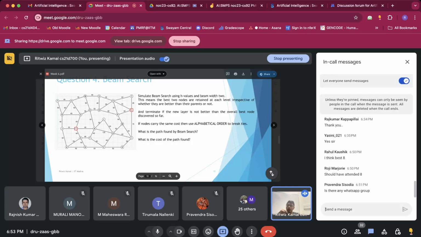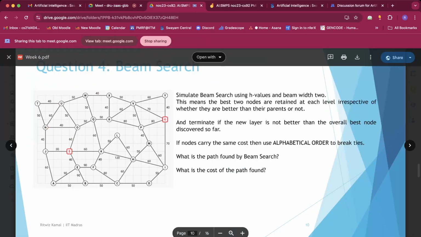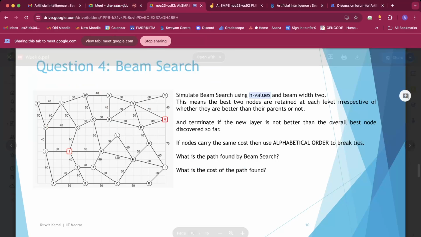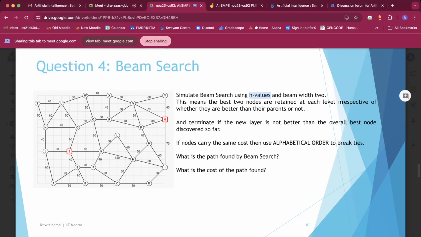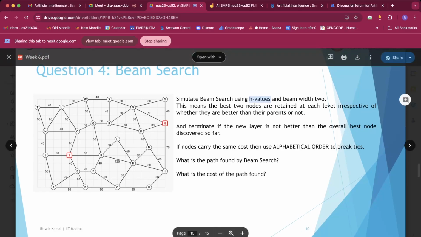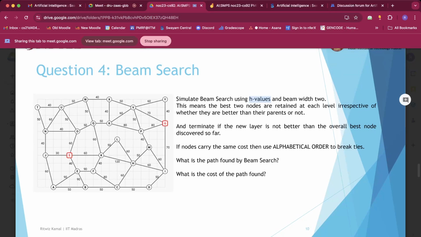And how will we decide what are the best looking nodes? That would be on the basis of the H values or the heuristic values. Again, we will use Manhattan distance as the heuristic value. That's what the question tells us. You have to simulate beam search using H value and beam width 2, and we would select the best two nodes at each level, irrespective of whether they are better than their parents or not.